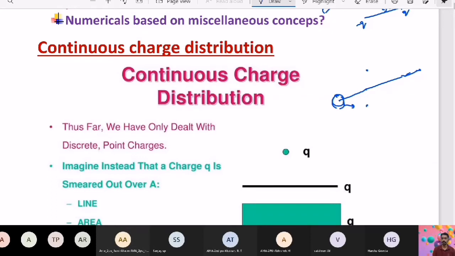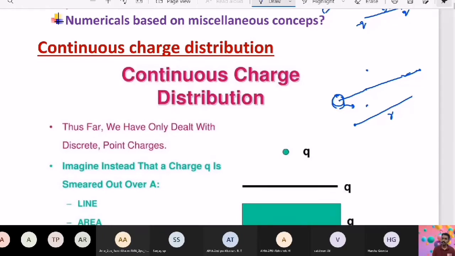In all the numericals and questions, the point is at a very far distance from the charged body, so the charged body was taken as a point mass, a point charge. We treated every charge like a point, and at any distance r we found the electric field.